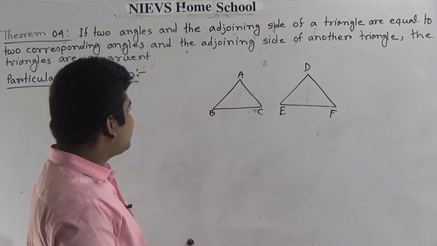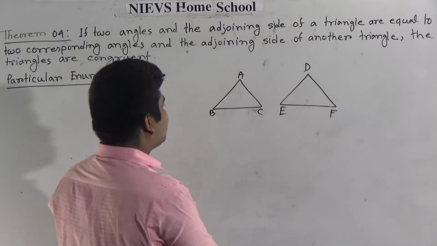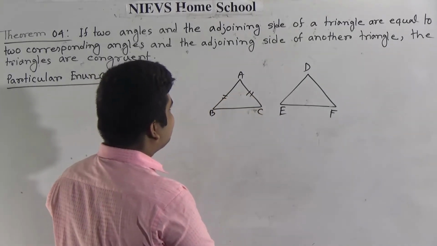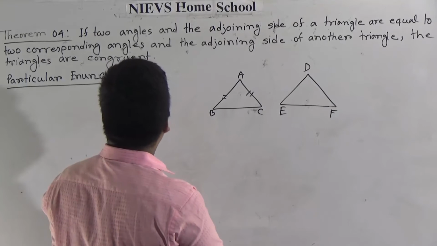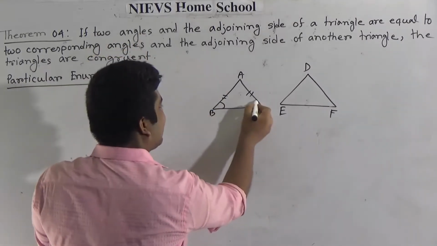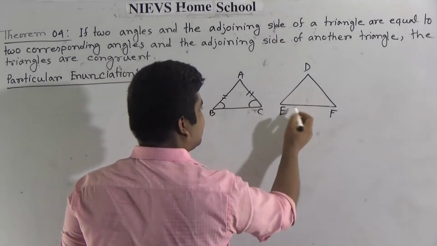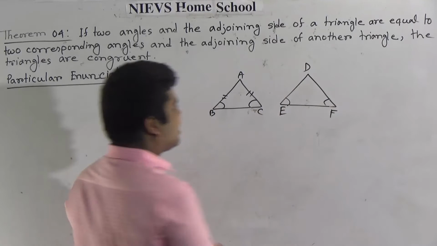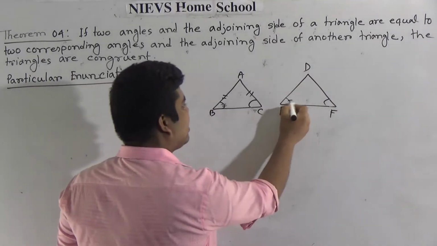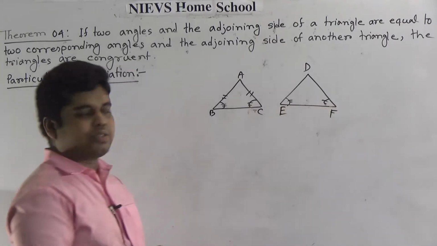So my dear students, here the two angles, that means this angle and this angle, in this triangle are equal to this angle and this angle in the other triangle, just like angle B equal to angle E and angle C equal to angle F. I hope you have understood.